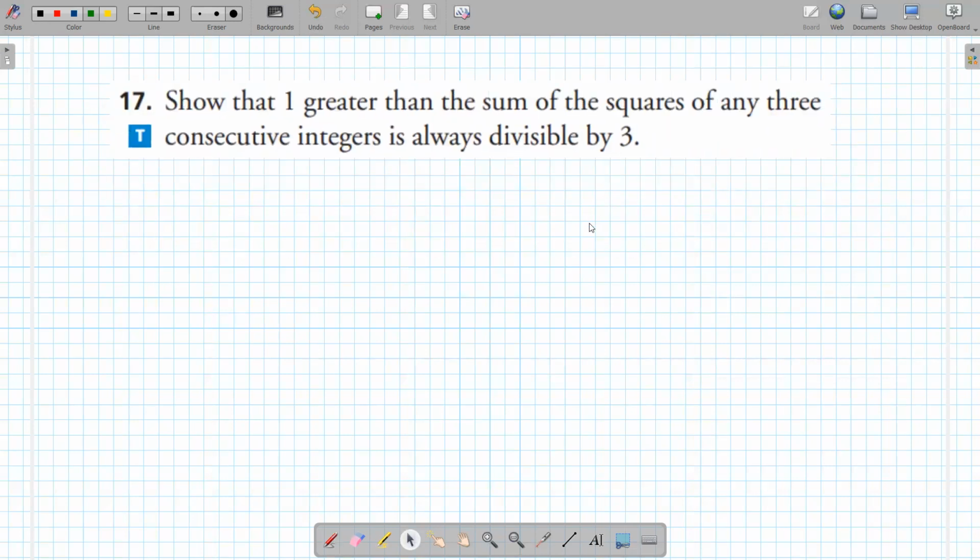What does consecutive integers mean? Numbers that come after each other. Right, so it says one more than the sum of any 3 integers is always divisible by 3.